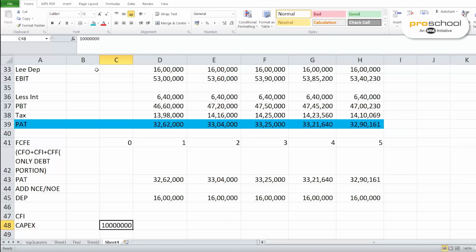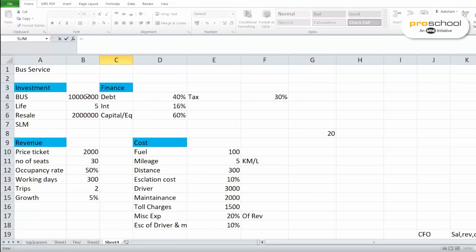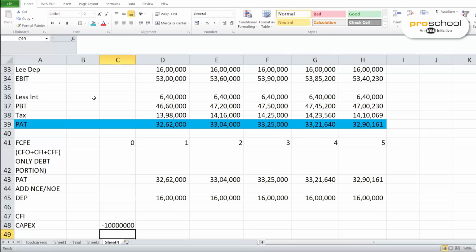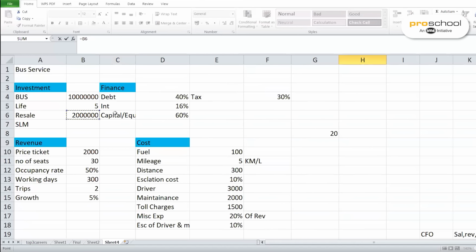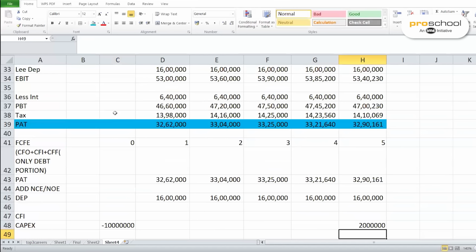So instead of writing 1 crore, we will use the formula equal to minus of my bus cost. Simple. So the money is going out. We are giving this direction to Excel that the money is going out. In the year 5, the money will flow in. So equal to, and this 20 lakh will flow back to me in the year 5.